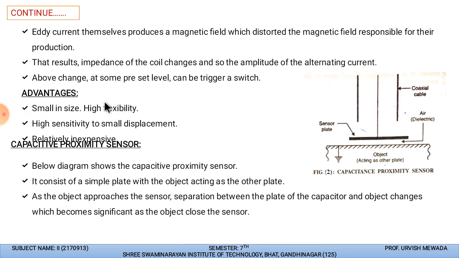And it has high sensitivity to small displacement, because it is a magnetic circuit, or we can say a magnetic sensor. Whenever the object moves near into the magnetic field, due to the cutting action of the magnetic lines of force, the sensor will quickly give the output, and this is how we can say that it is sensitive.